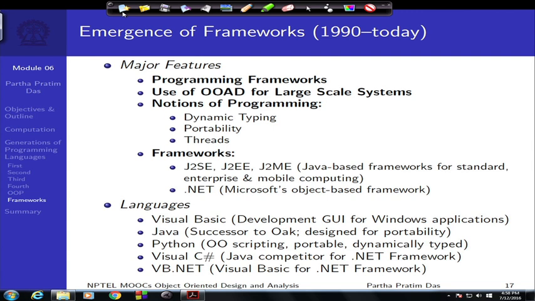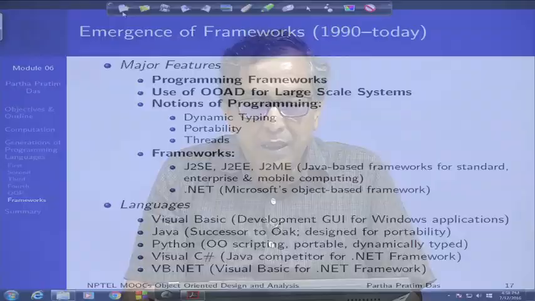Java frameworks we have talked of, even independent languages like Python, which is one of the excellent object oriented programming languages of today, which is highly portable, very easy to learn. It supports dynamic typing, is interpreter based, and also has its own framework to work with.